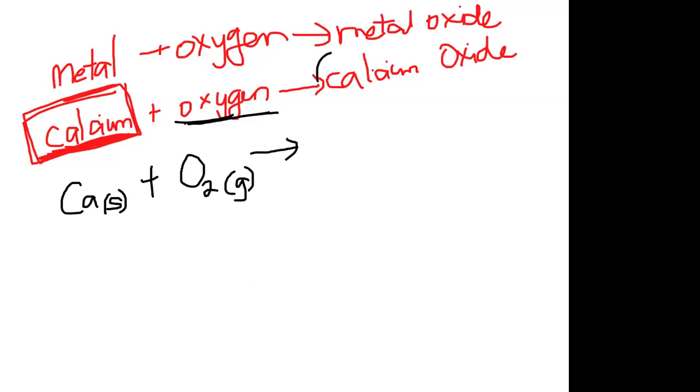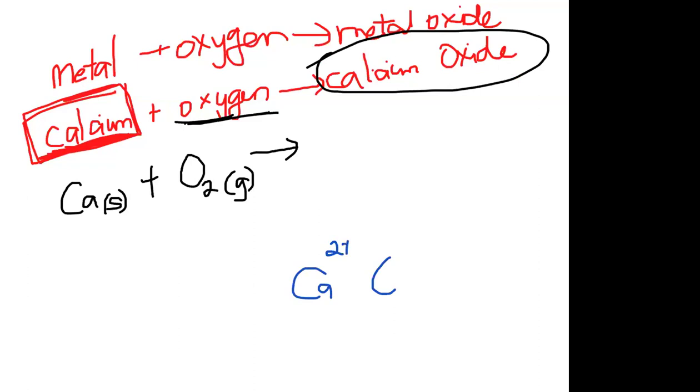Now we're going to write the formula for calcium oxide. Calcium is Ca2+. Oxygen is O2-. Is this clear? So I go ahead and I write Ca2. I go ahead and I write O2.